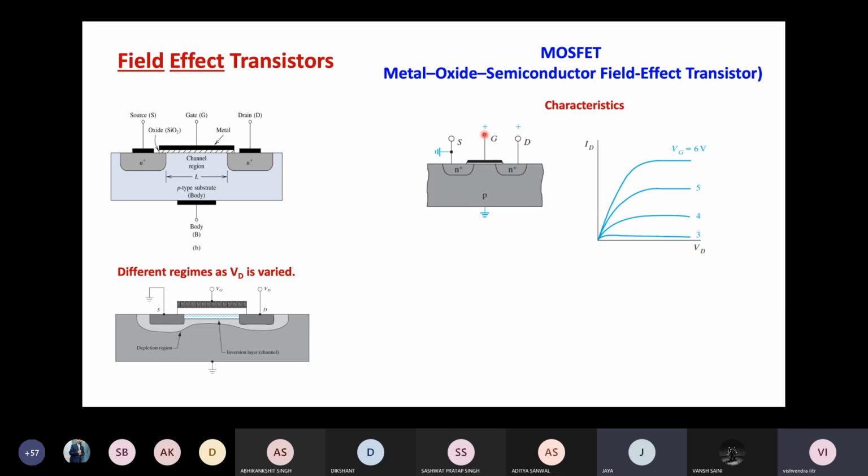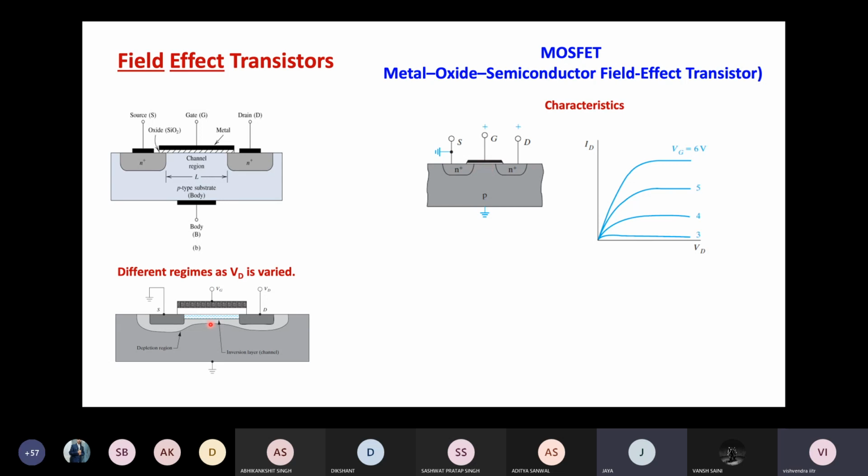On the other hand, if we apply a positive gate voltage, it repels the holes in this semiconductor here, and it attracts the electrons to this oxide semiconductor interface. Do you see this?